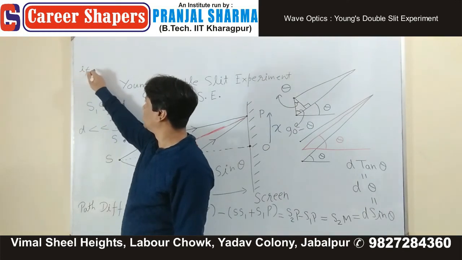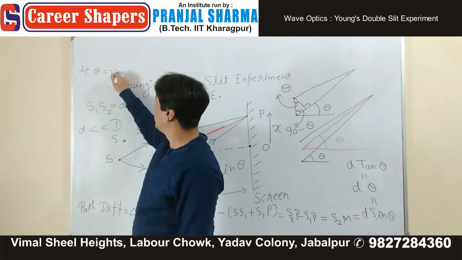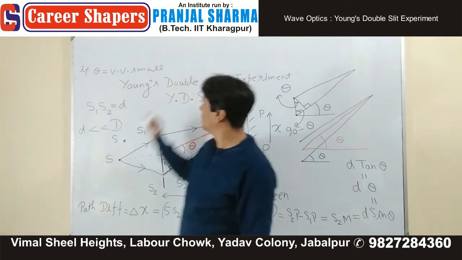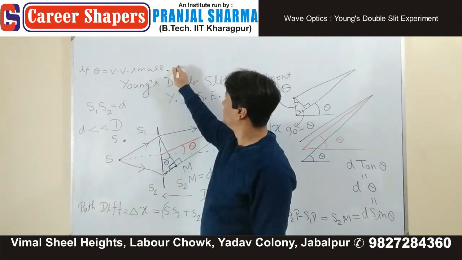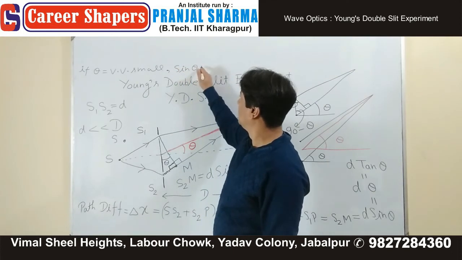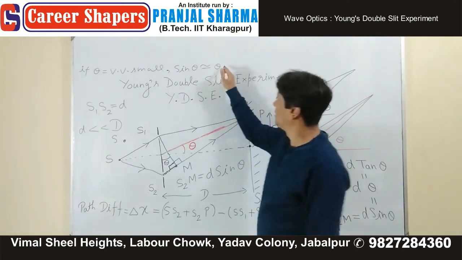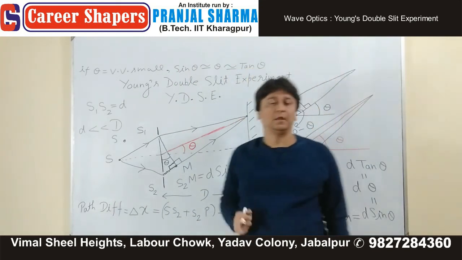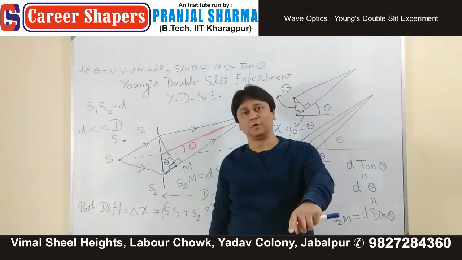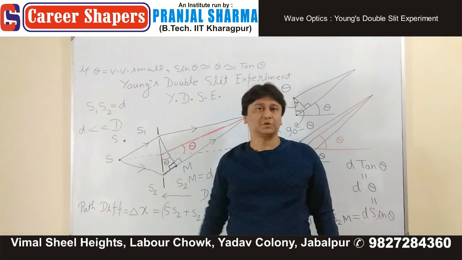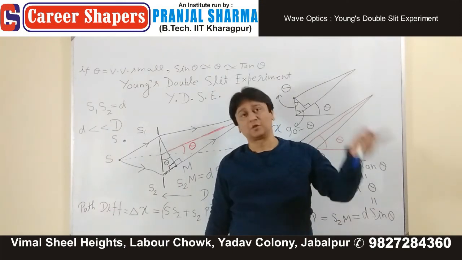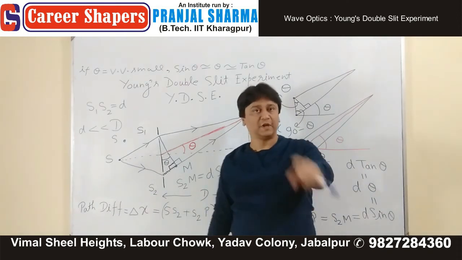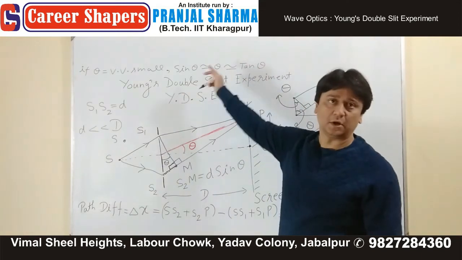If theta is very, very small, then sine theta can be approximated with theta, which can be approximated with tan theta. Sine 0 is 0, which is also tan 0. It is not correct for sine 30, which is not 30, in fact pi by 6, and not equal to tan 30. Only if theta is very small do we use a relation like this.